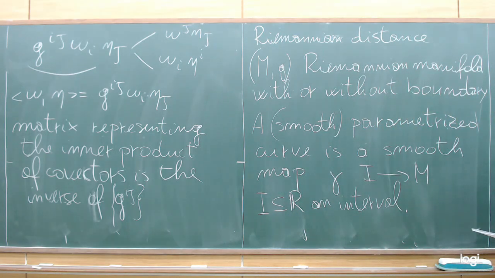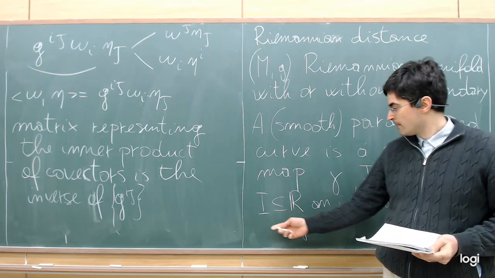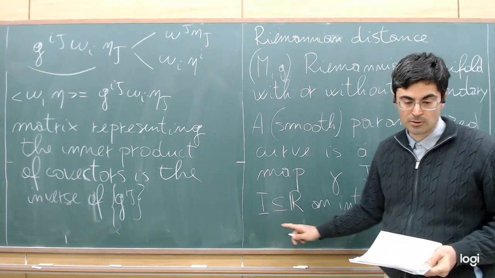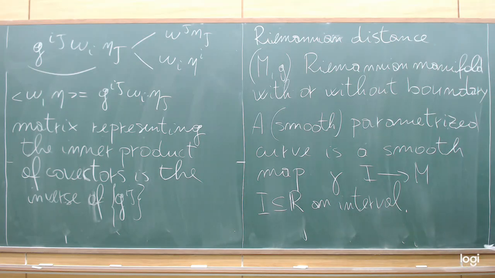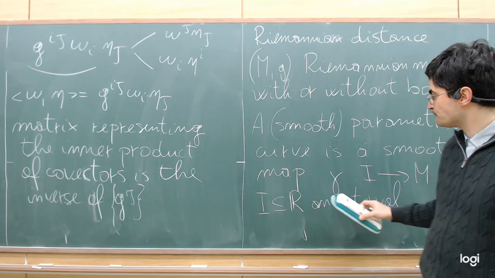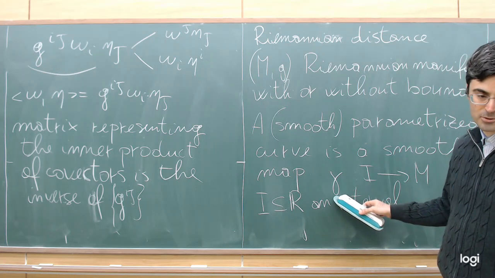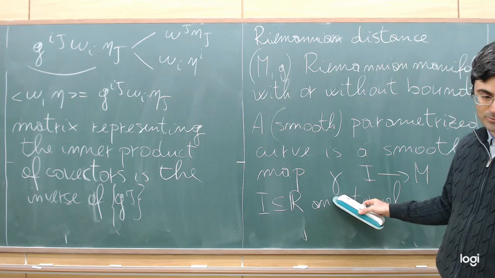This interval can be open, closed, bounded, unbounded, we don't care. The reason of this is that we know how to define a smooth map also in the case where M has a boundary, gamma has boundary points.